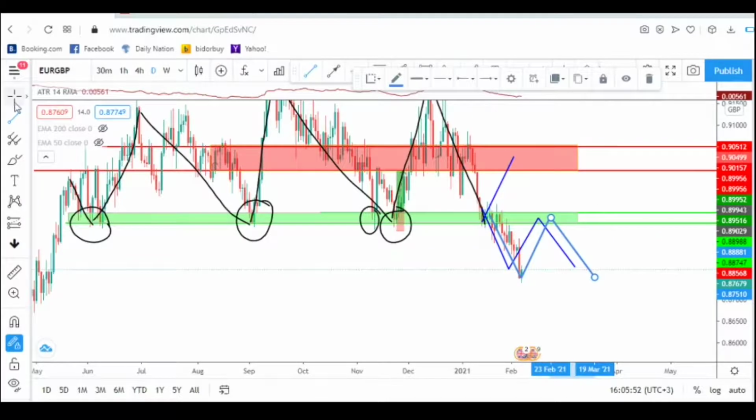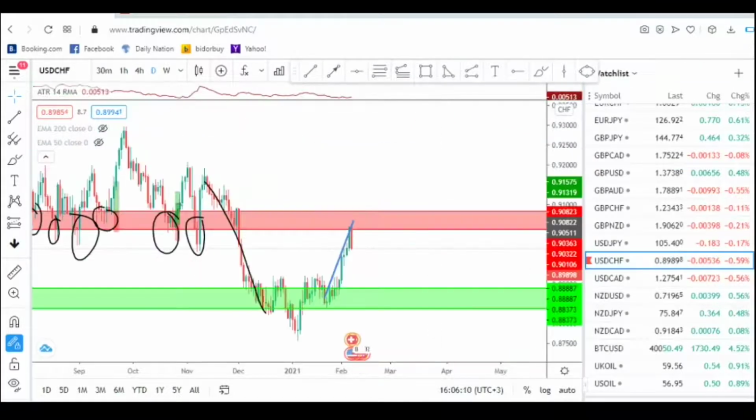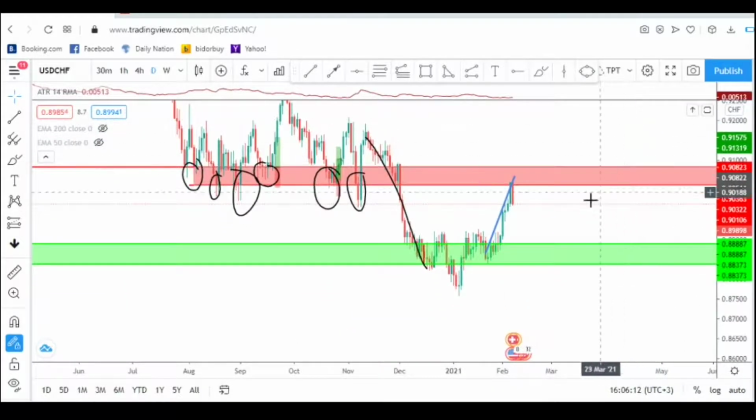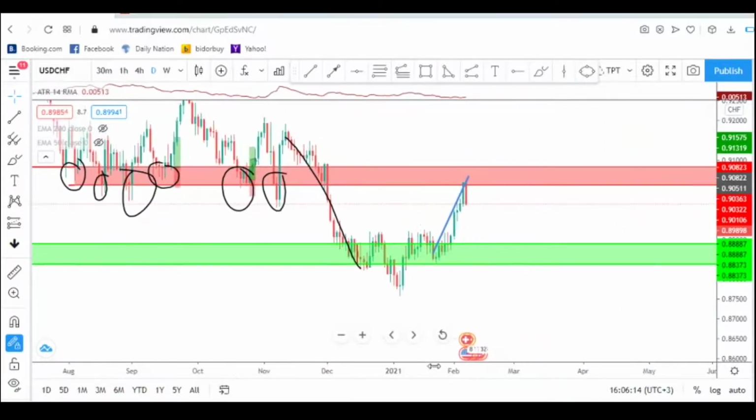So these are the three currency pairs that I am watching. They are on my radar for this coming week, and I'll be trading them. One of them is dollar Swiss, and in this dollar Swiss I'm looking for a counter trend, because this is in a downtrend, and it looks like now the market is changing its direction.